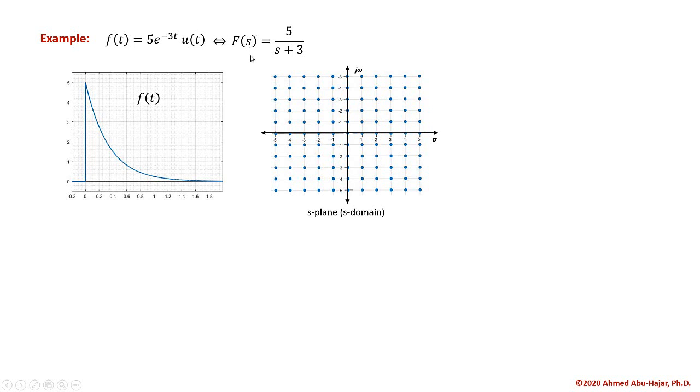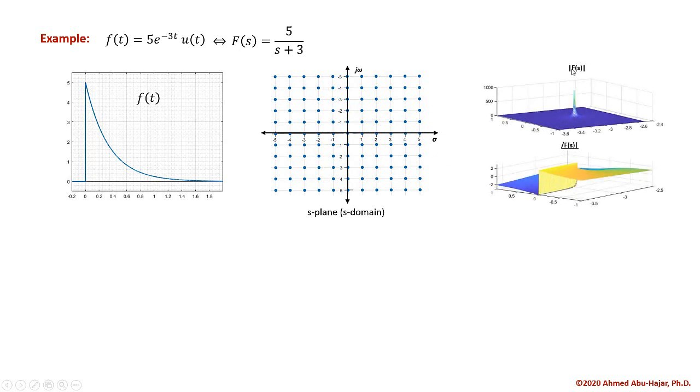Now, f of s is a complex function. So the way you want to plot it, you're going to get the magnitude of f of s and the phase of f of s as a function of s. So if this is your function of s, this is the real axis, this is the imaginary axis, this is the magnitude of f of s, and this is the phase of f of s.